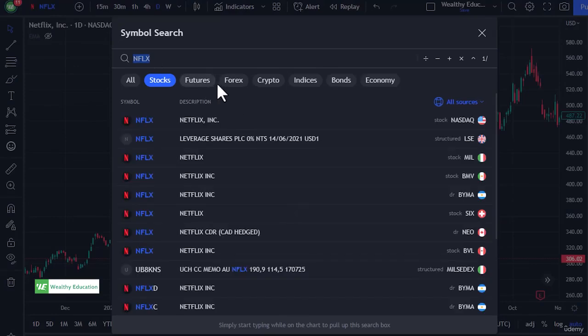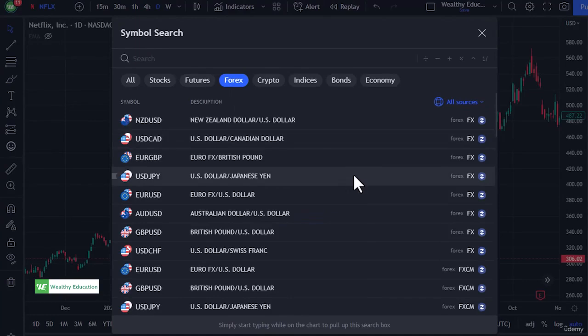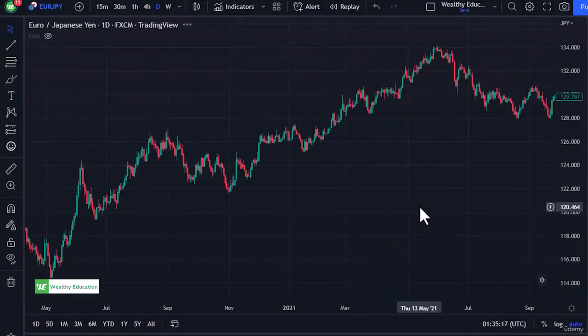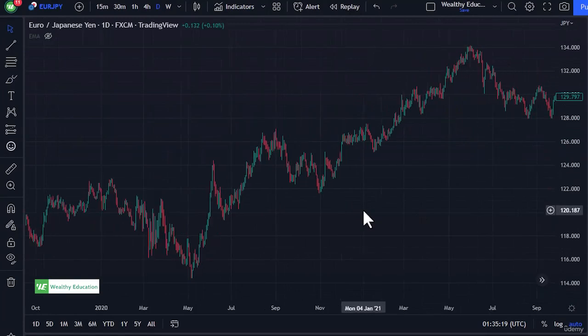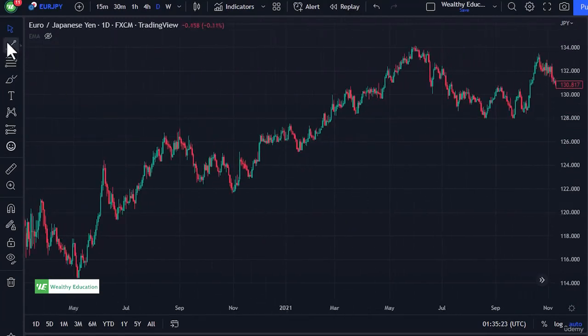Go ahead and take a look at Forex. Euro Japanese yen.